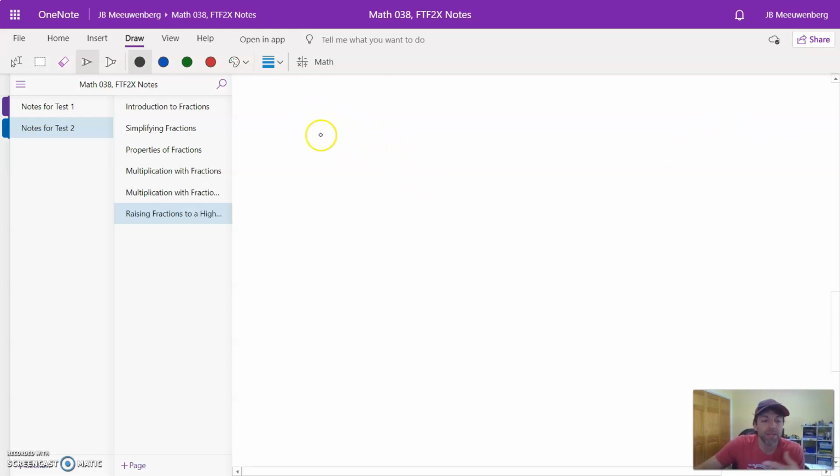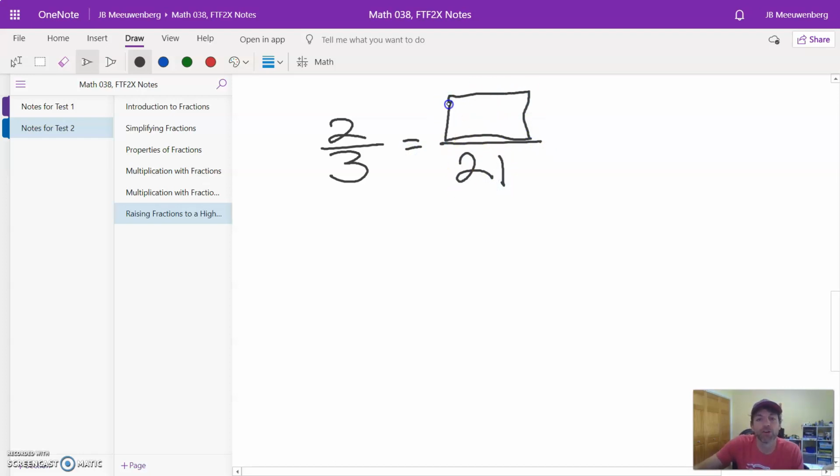Often problems might be shown in a shorter version, where it's just, here's a fraction 2/3, and I want to know what that fraction would be if it had the denominator of 21. So you're basically looking to see what number is going to go up there. And the way that you might want to think about that is, well, pause the video and see if you can figure it out first. But the way is, well, what did we do down here?